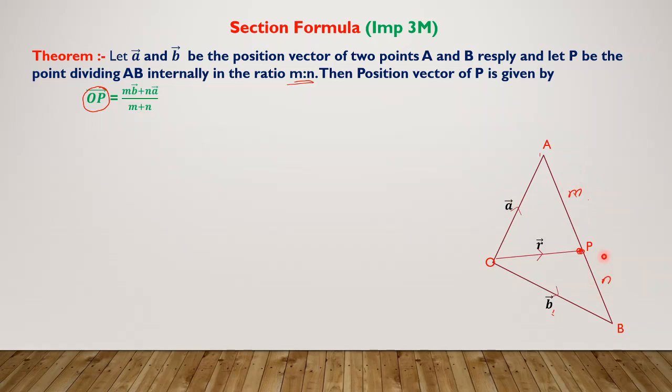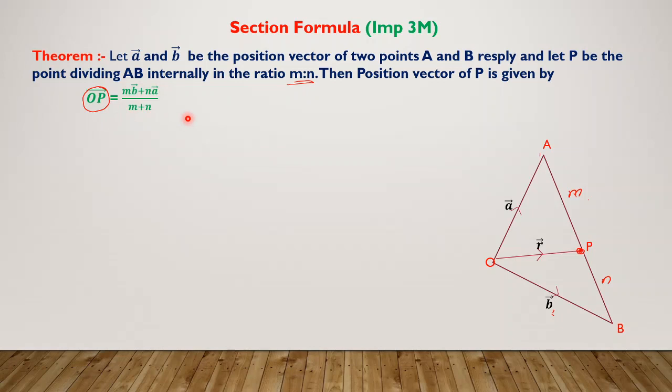Dear students, please listen correctly. This is when P divides internally. Suppose P divides AB externally, there is another formula. Okay, that we will move to later. So when P divides internally the line joining the points A and B, then the position vector of point P is m into vector B plus n into vector A divided by m plus n.